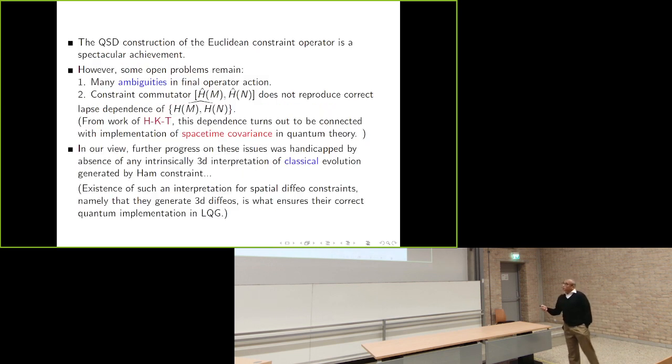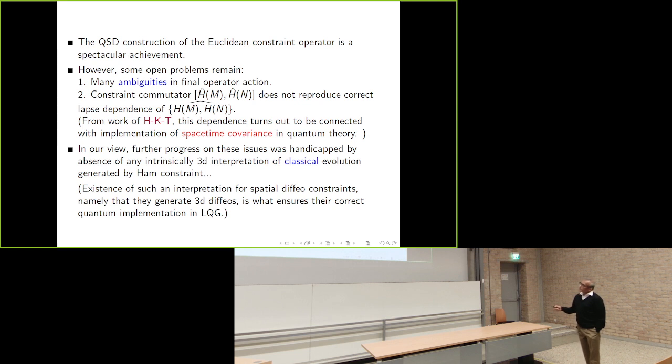So the QSD construction by Thomas of this Euclidean constraint operator was and is a spectacular achievement. However, some open problems do remain. There are many ambiguities in the final operator action, and I'll come to this soon.